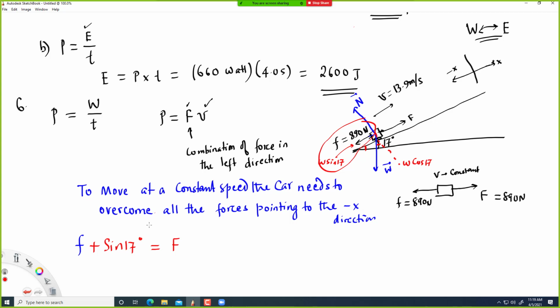Okay. So now let's find the power. So power is this force F plus, I forgot W here, W sine 17. That's the force. And then speed, 13.9. Okay, so that's from this formula.